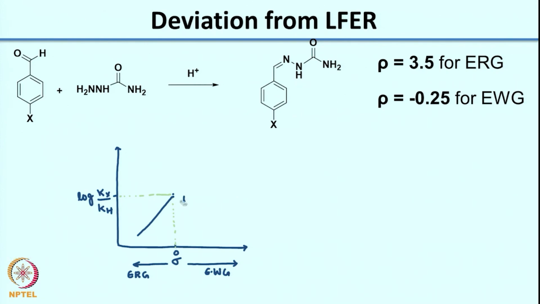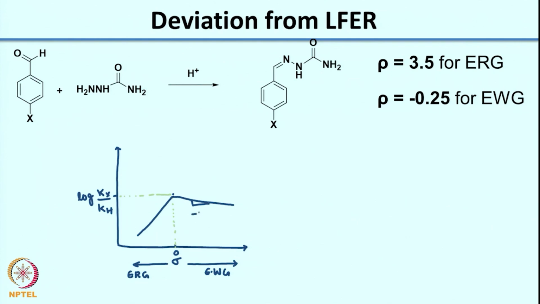I will just delete this hydrogen. So, you have a slope which looks like this. Another thing you can see is that electron withdrawing groups do not have as much of an effect on the reaction rate as the electron releasing group. So, in this case you have a negative slope, and in this case you have a positive slope.